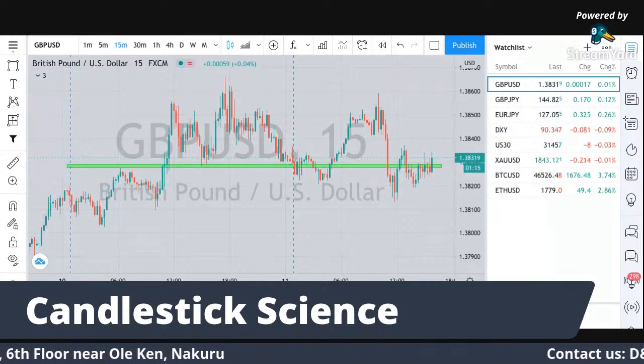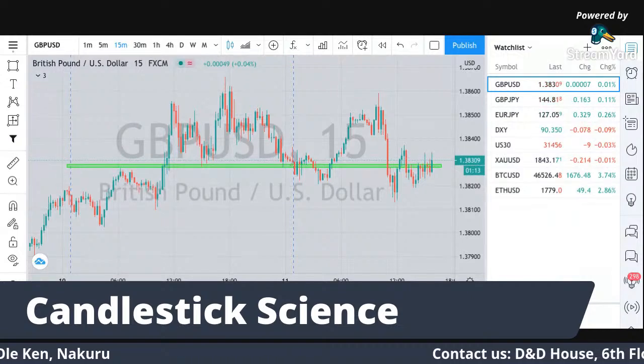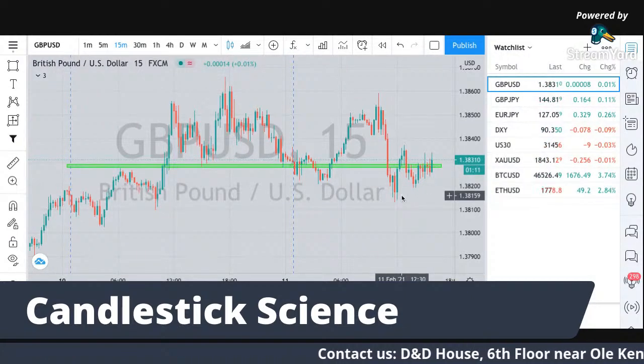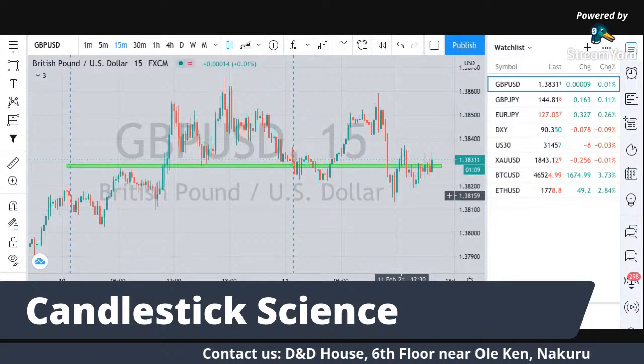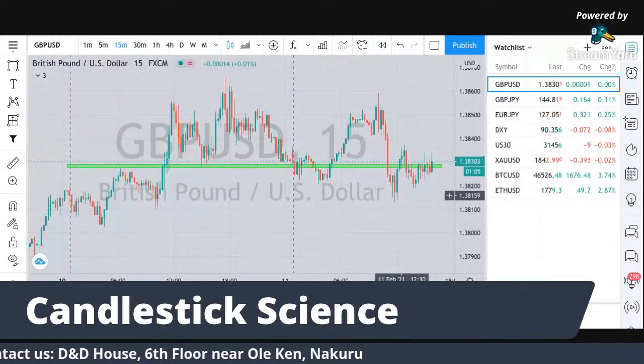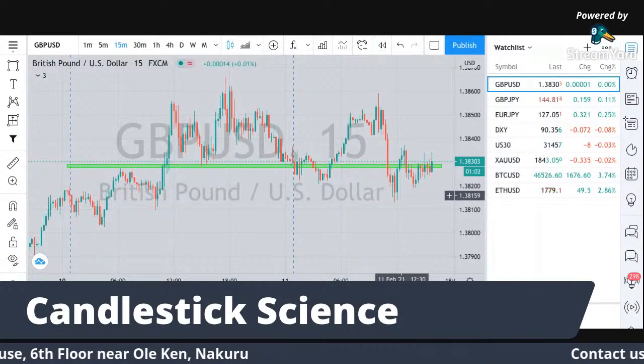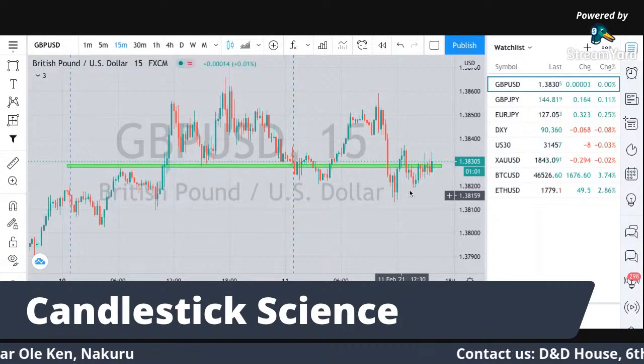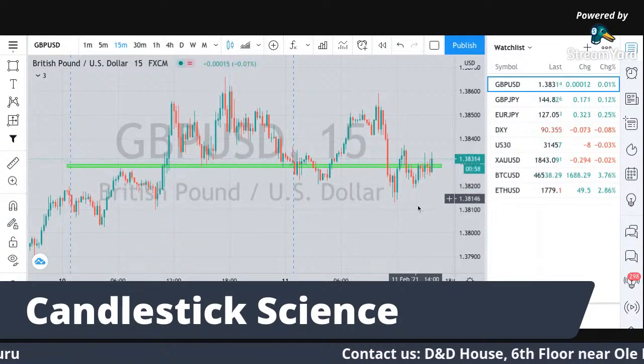If this thing decides to hit my stop loss, which is at, let me see, my entry is at 1.38264. My stop loss is at 1.3814. My stop loss is around here.